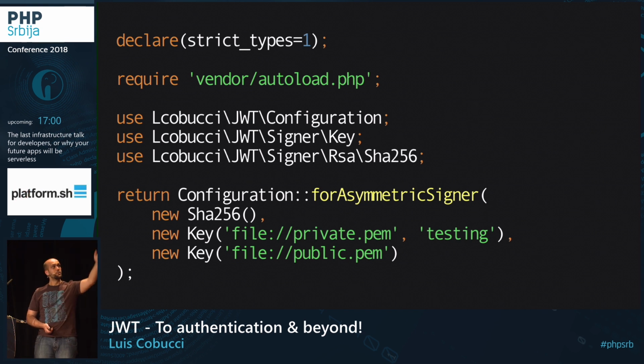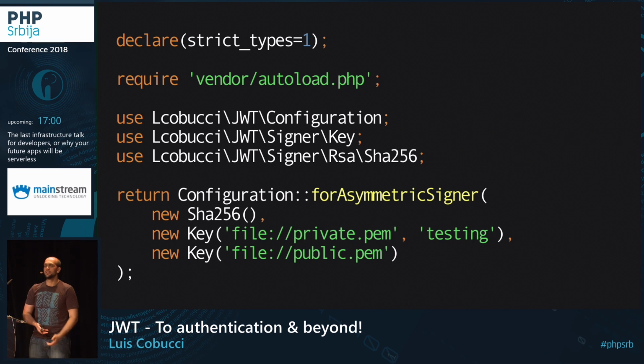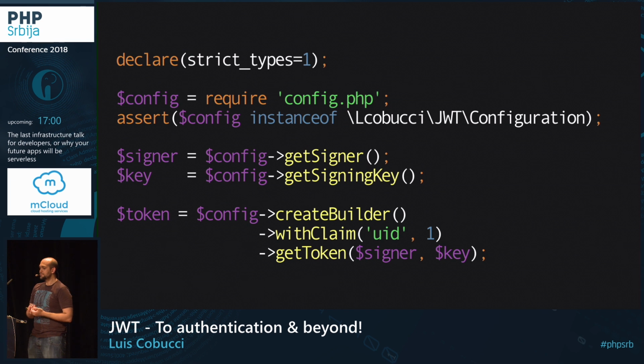And if you need, you can put the key password to be able to encode or actually sign the payload that you need. Once you've done that and created all this configuration for the way you're going to use the library, you simply get a builder and start to add data, the claims, to the token. And afterwards, you just get a token, signing it with that specific key.